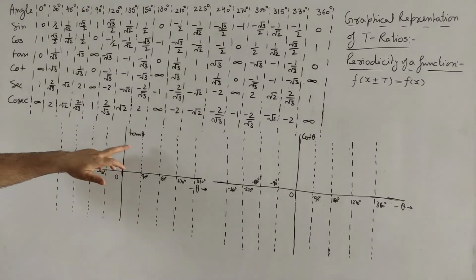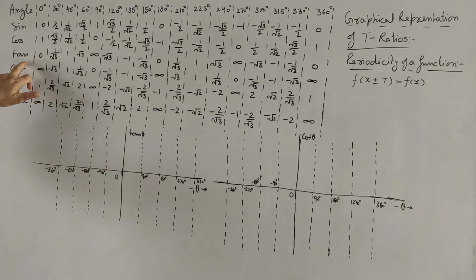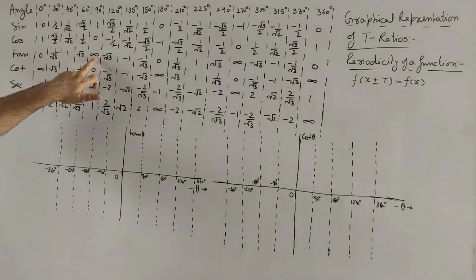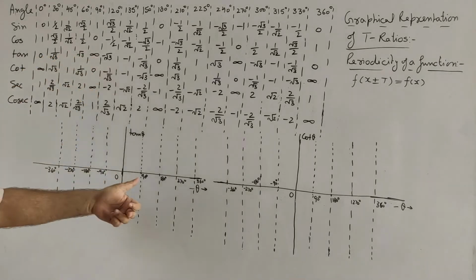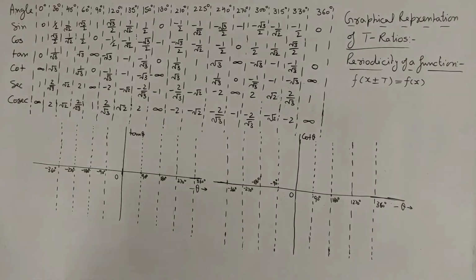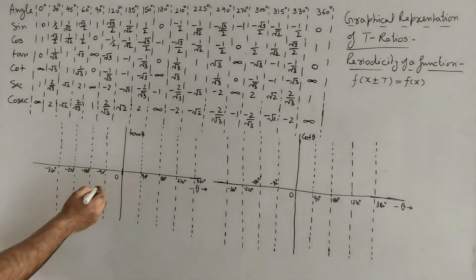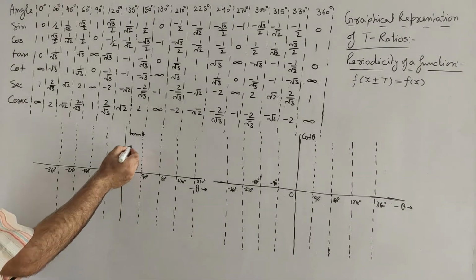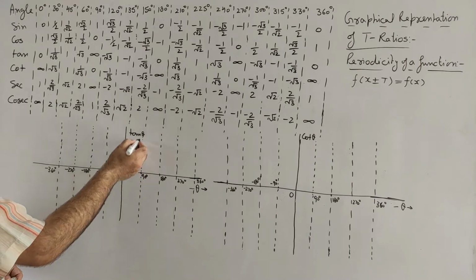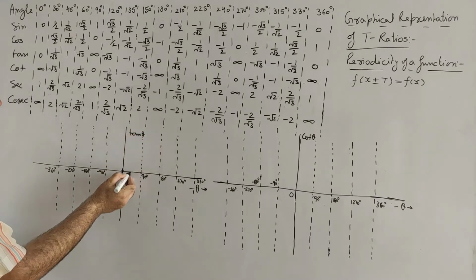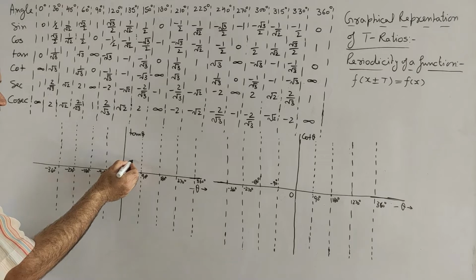If we come to tan theta, then for tan theta, value of tan theta changes from 0 to infinite when theta changes from 0 to 90 degree. It means for 0 degree tan theta is 0, tan 90 degree it is undefined, tan 45 degree it is 1.